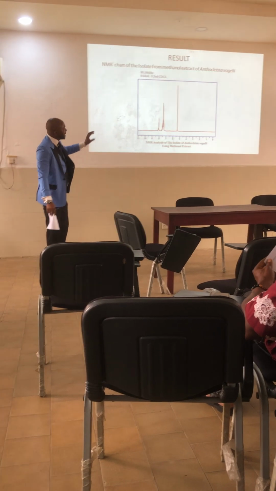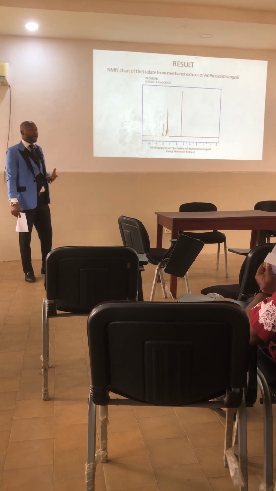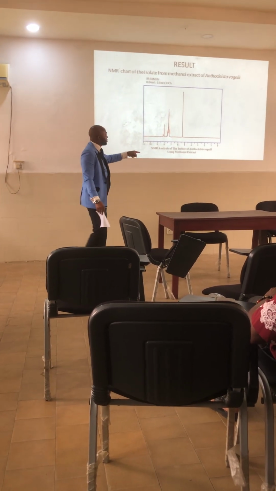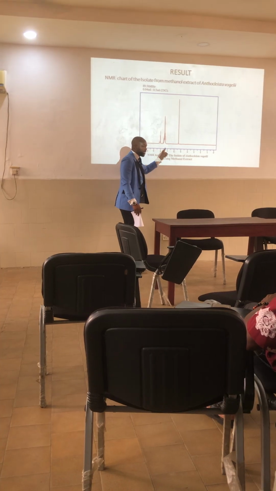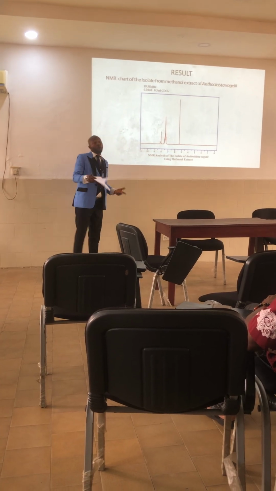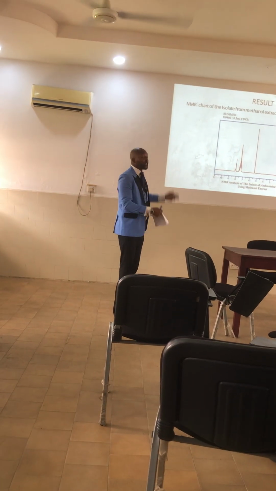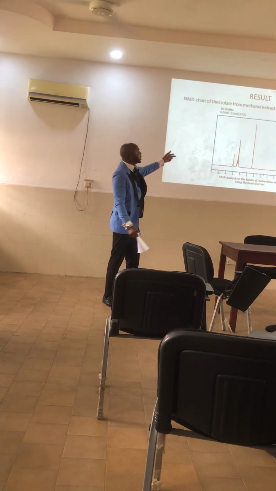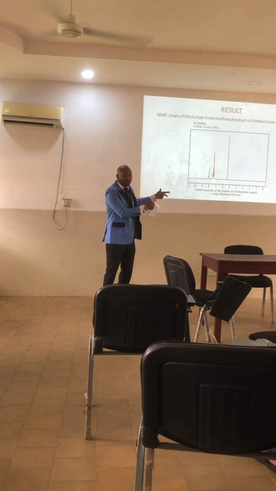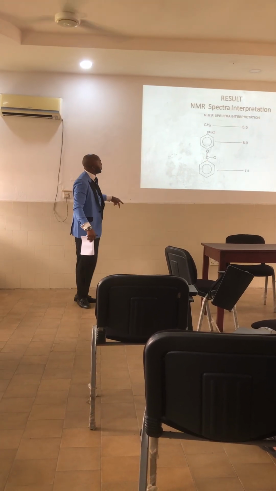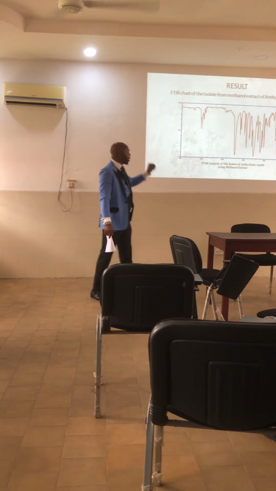By understanding the principle of proton NMR, we'll be able to know what exactly the first peak, the second peak, and the third peak are. We work collaboratively with the FTIR, because it gives us the functional groups. If we have knowledge of the functional groups, we can correlate to tell which one could be this and which one could be that.